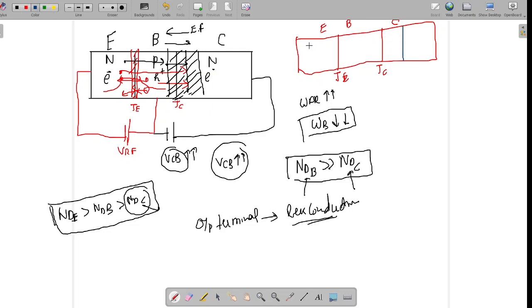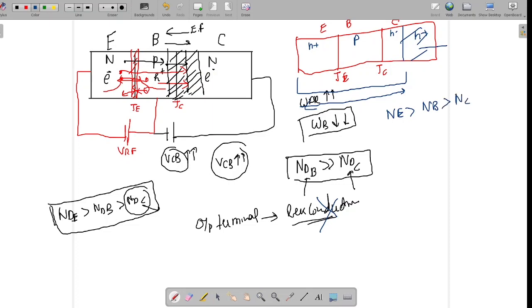So this is highly doped N plus, this is P, and we make N minus nearby this collector junction, because up to this point only the action of the transistor is done. After that, this is just a connection. So we make it N plus, and the output terminal will not be less conductive.